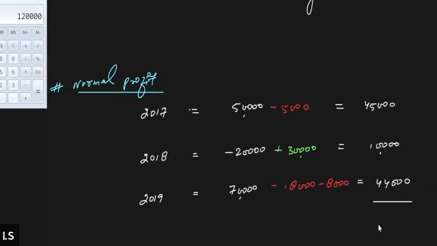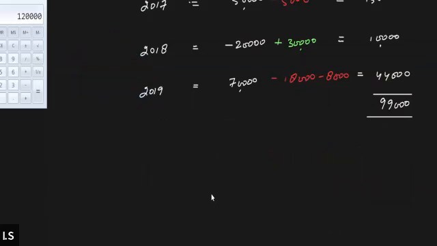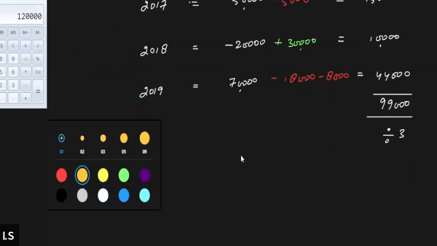Yes, sir. And the sum total of 45 plus 10 plus 44 is 99,000. Yeah. This is the normal profit, and to find out the average profit, we will divide it by 3 and we will get the average profit.